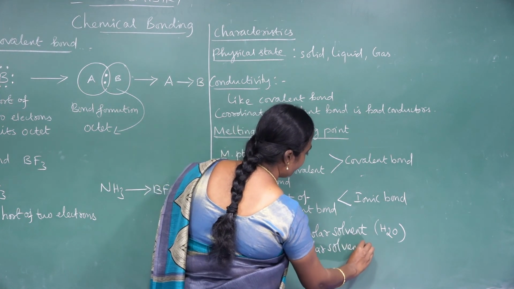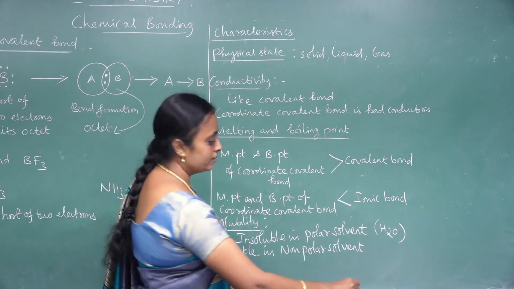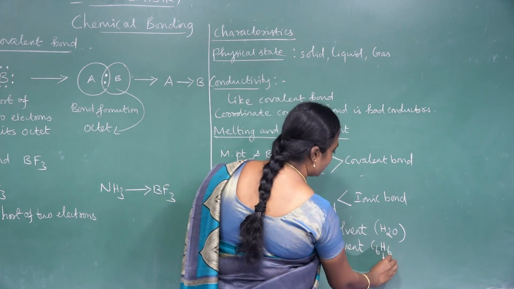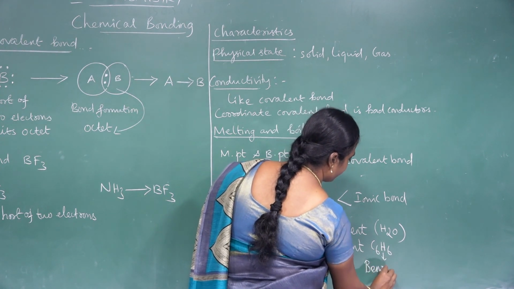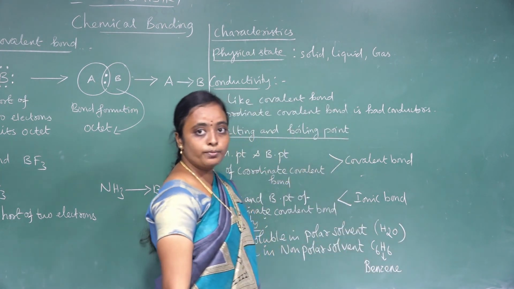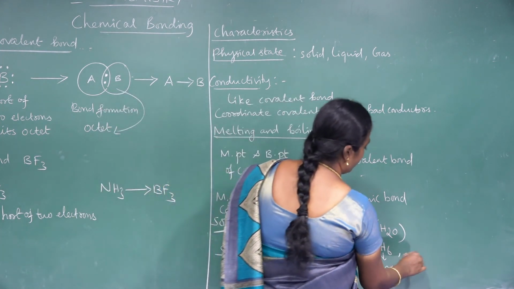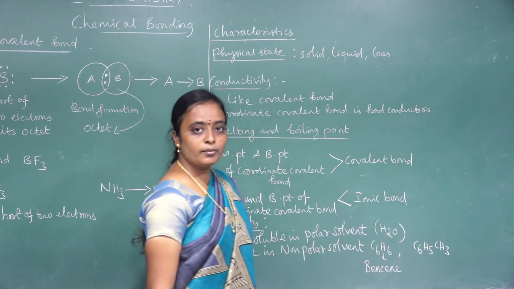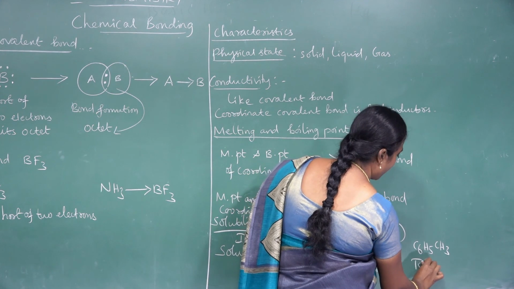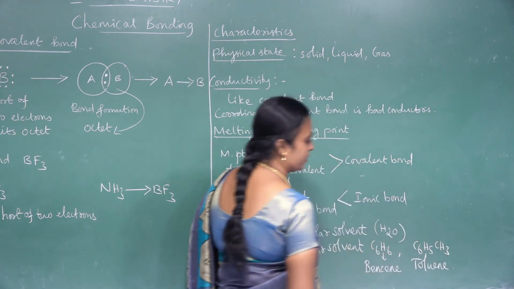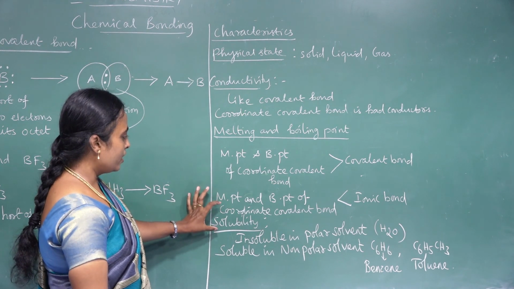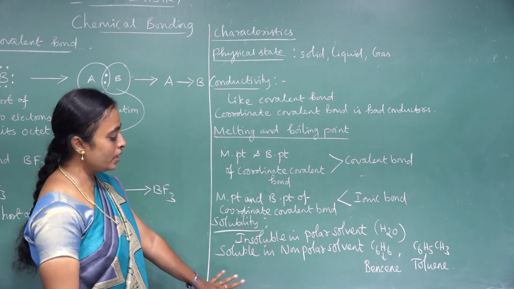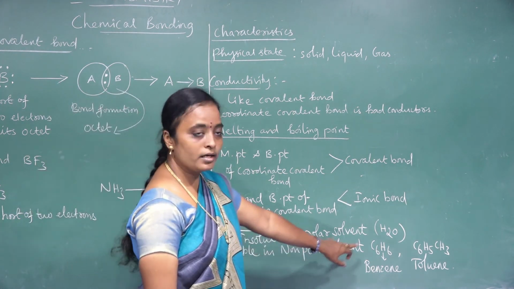What are the non-polar solvents we can consider? We can take C6H6, that is benzene, which is a non-polar solvent. And C6H5CH3, the name of the compound is toluene, which is also acting as a non-polar solvent. So generally the coordinate covalent compound should be insoluble in polar solvent but soluble in non-polar solvents like benzene and toluene.